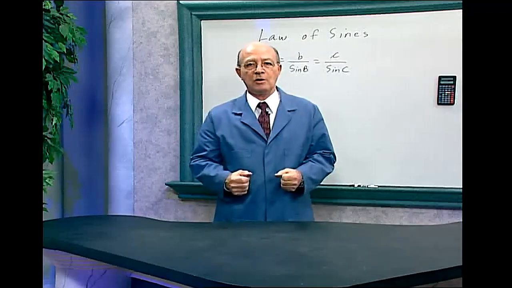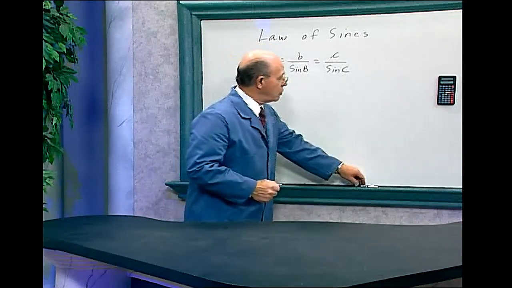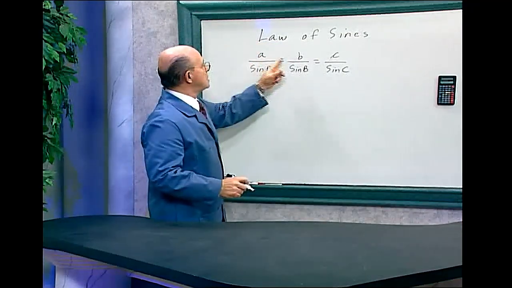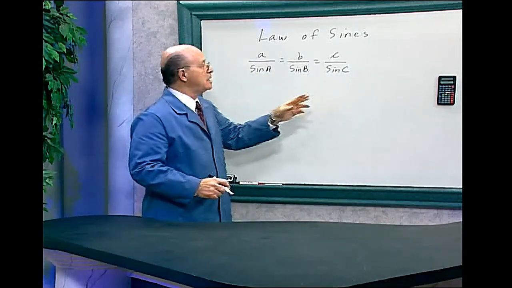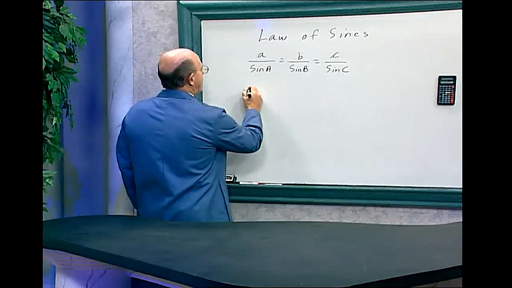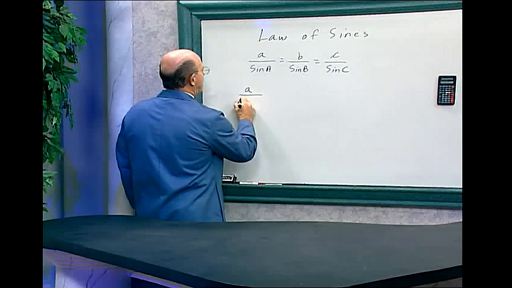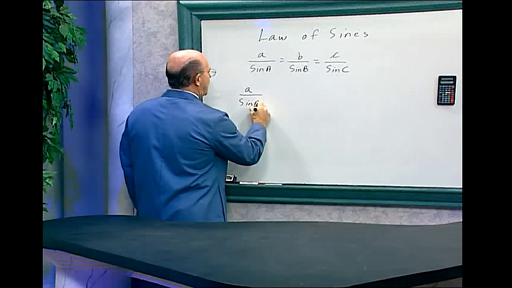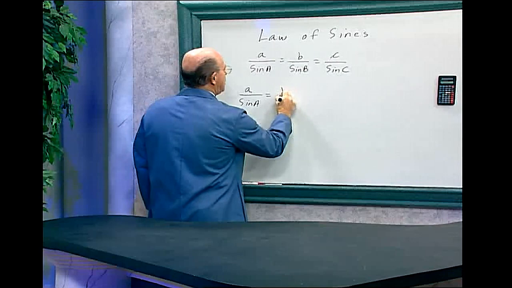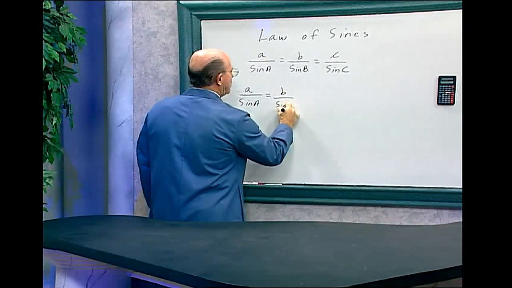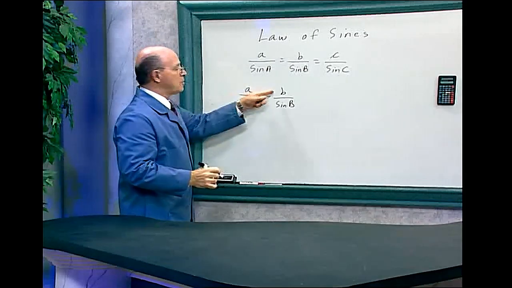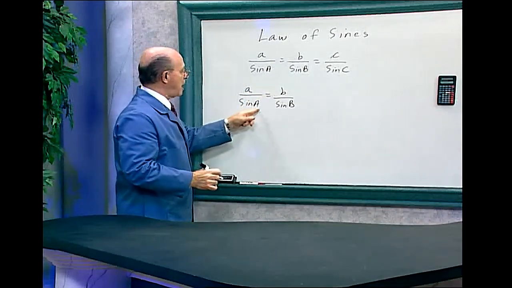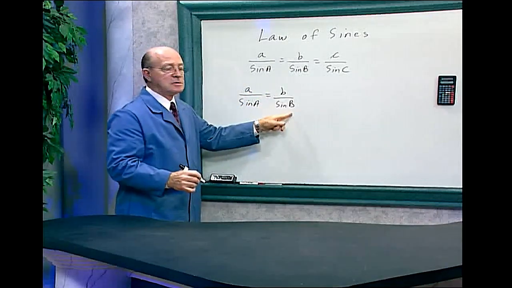If you understand the law of sines, you can isolate any side or any angle. Let's just take two of them. a divided by sine A equals b divided by sine B. And remember to use small letters for the sides and capital letters for the angles.